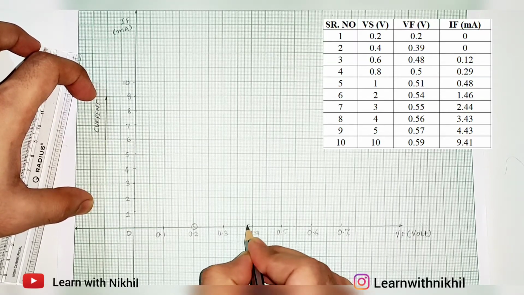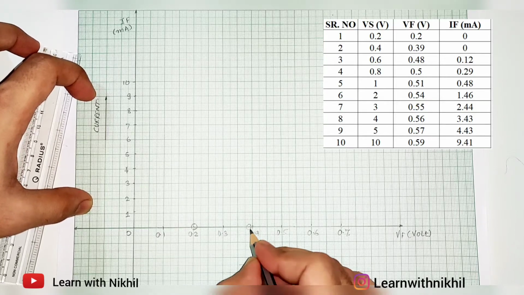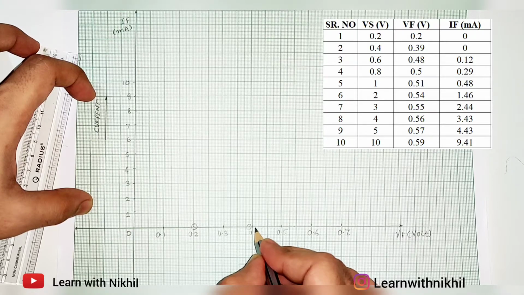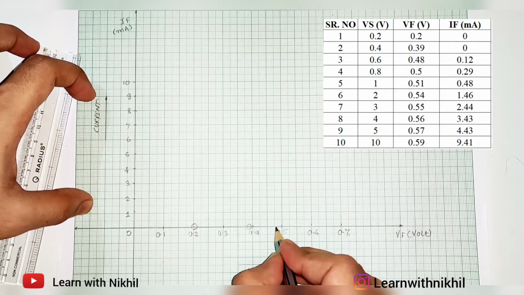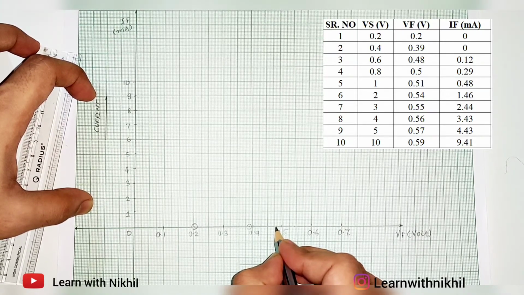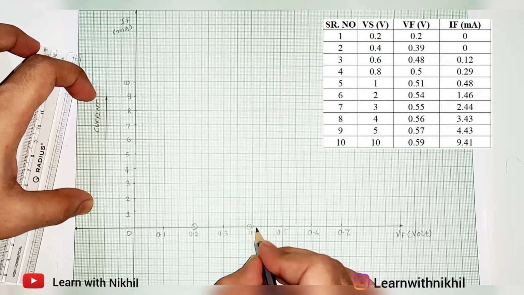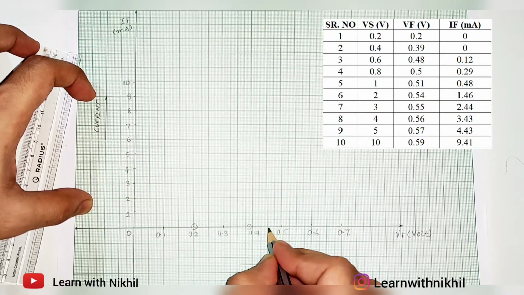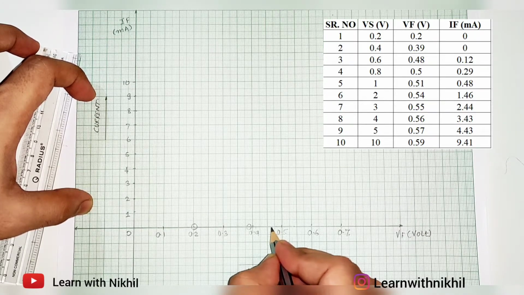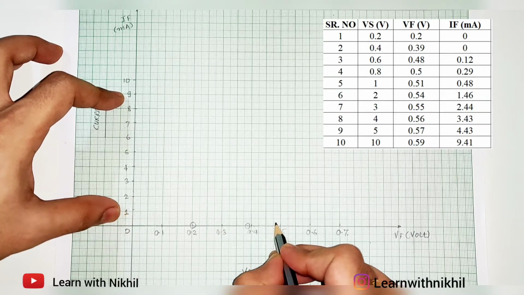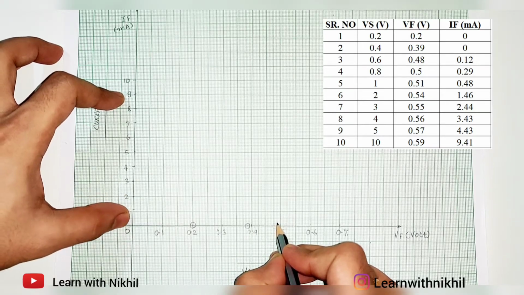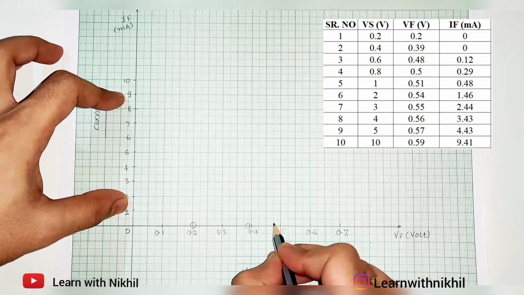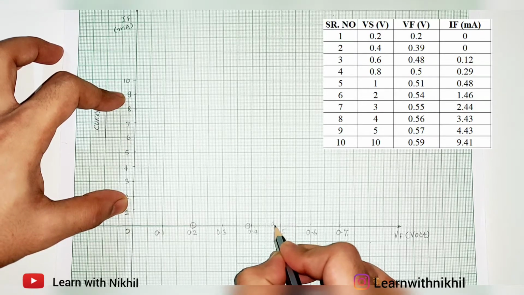Next, Vf is 0.48, so it will be around here, but your current is 0.12 milliamperes, so it will be just above, as the division is 0 to 1.